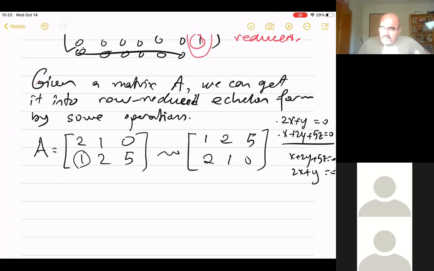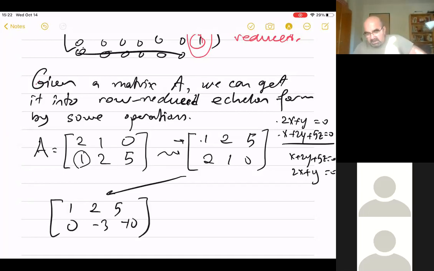And if you multiply the first row by -2 and add it to the second row, it will be 1, 2, 5. You multiply by -2 and add here, -3, 0, -10.